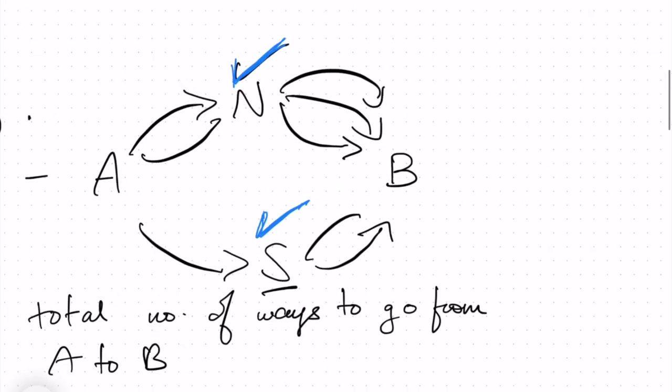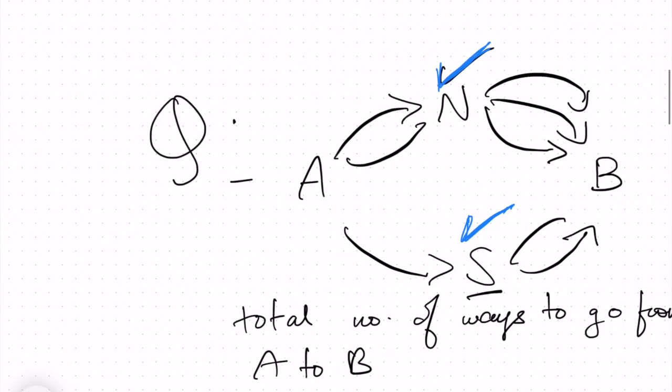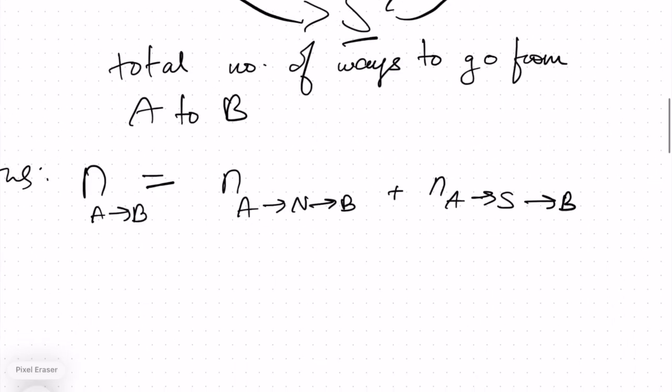Now N A to N to B, we can calculate, we've actually calculated this before. This is the same as A to B to C, just 3 times 2 or 2 times 3.